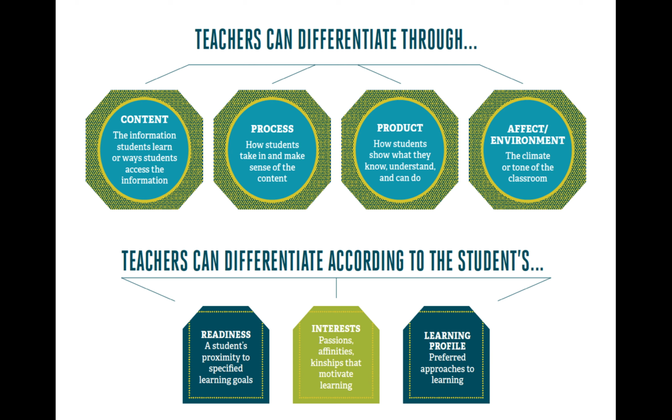The product, how you ask students to show that they've learned something, and the environment itself. You can also differentiate to students' readiness, where are they academically, their interest, a real big issue, and their learning profile. So this is just a good reminder of how broad differentiation is and how many different ways you can differentiate.